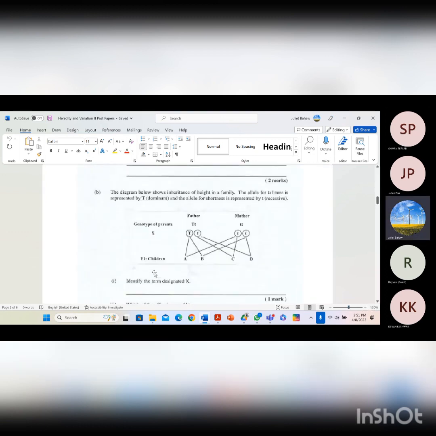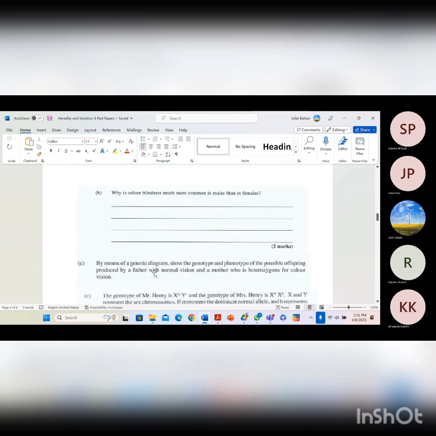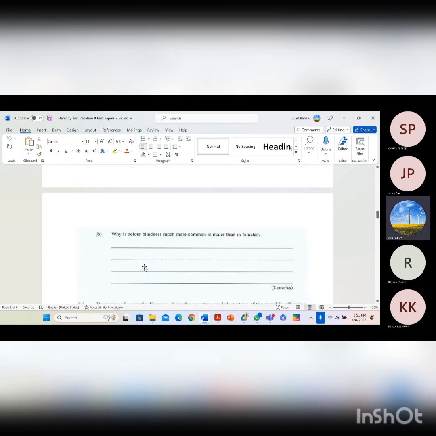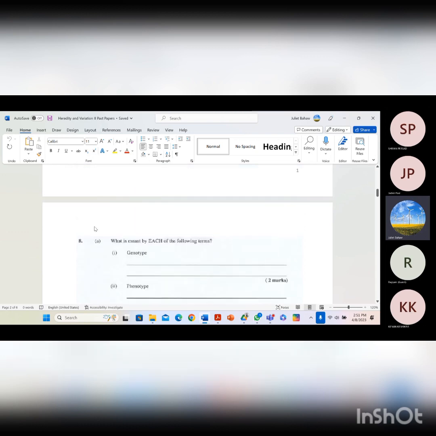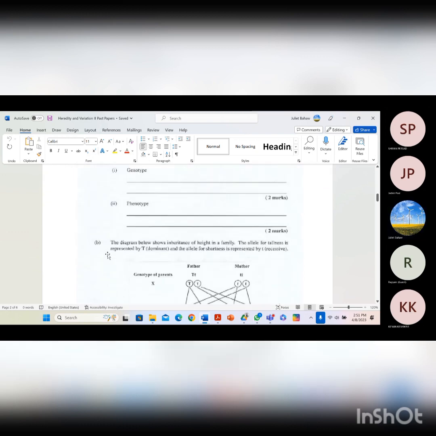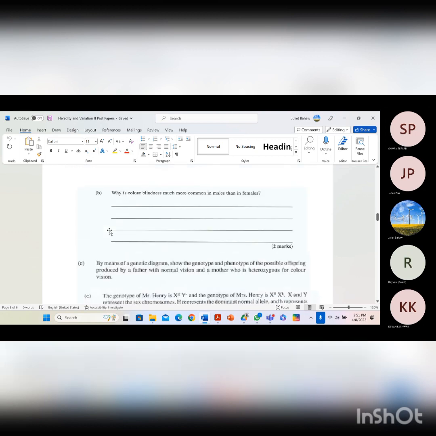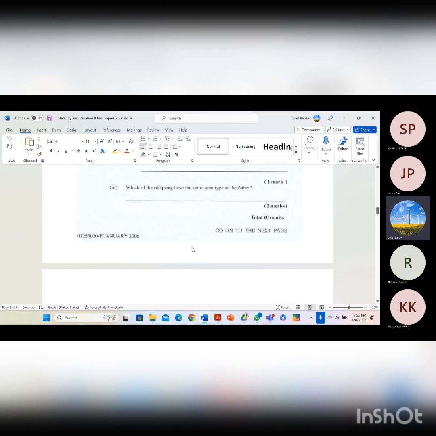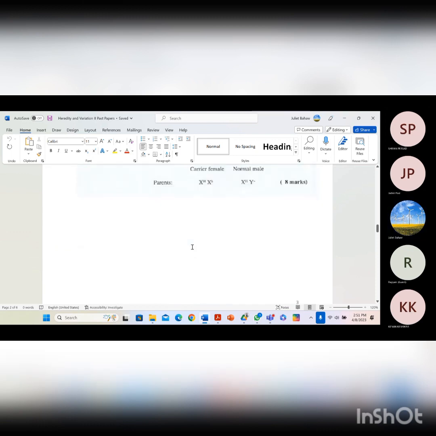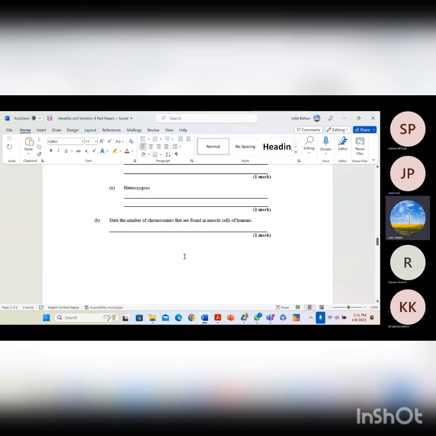All of these are past papers, huh? Now you're doing question 8, part A. Take it down, part B. And that's it. Don't do the rest, because that will be the other kinds of questions.